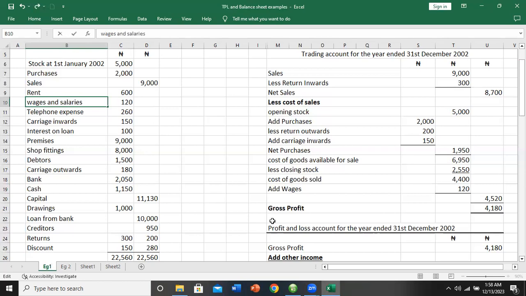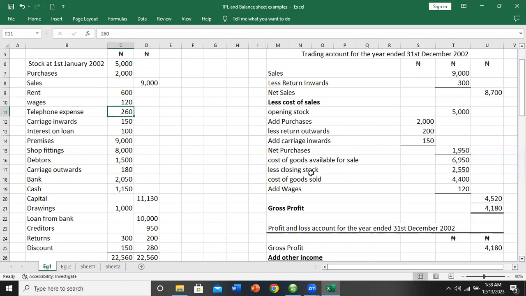Then that one will go to the profit and loss account as an operating expense. But if you see wages alone, it is a direct trading expense, so you add it to your cost of goods sold in the trading account. Take note of that. Okay, Sir Kennedy, the next one. Telephone expense. Okay, telephone expense.